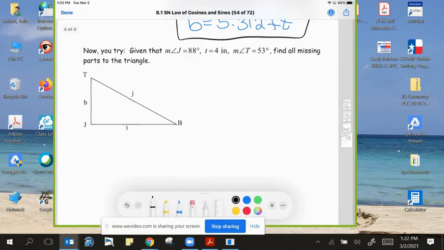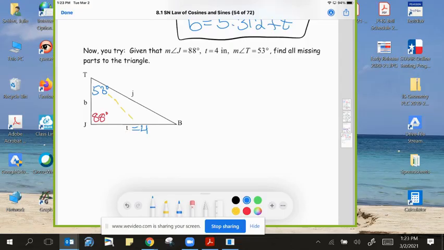We're given the triangle. We know the angle J is 88 degrees. It looks like a right angle, but it's not quite. We know that side little t is 4, and the angle T is 53 degrees. Since we have that angle and its opposite side length given to us, I would use law of sines.